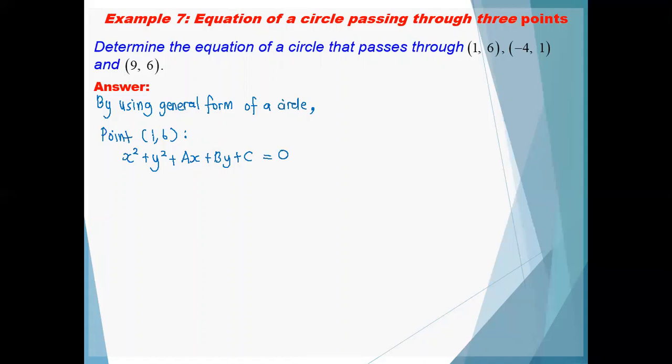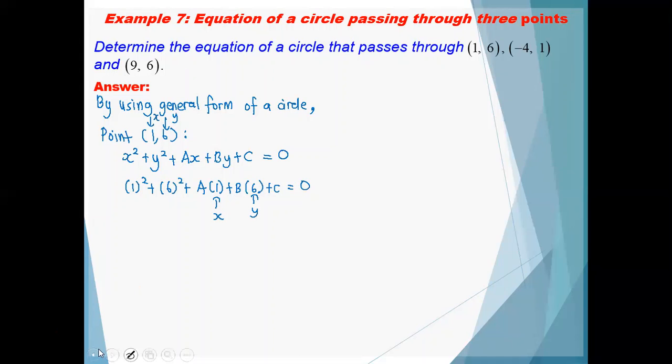Now we have (1, 6), so this means 1 is x and 6 is y. So you substitute 1 squared plus 6 squared plus a times 1 plus b times 6 plus c is equal to 0. Where does y come from? This one is x.